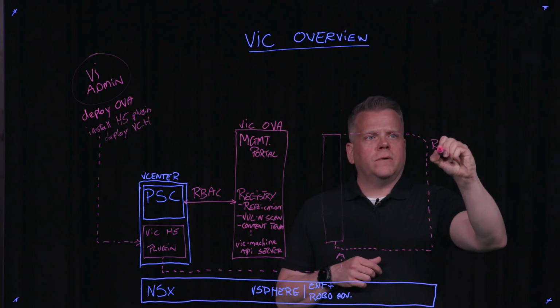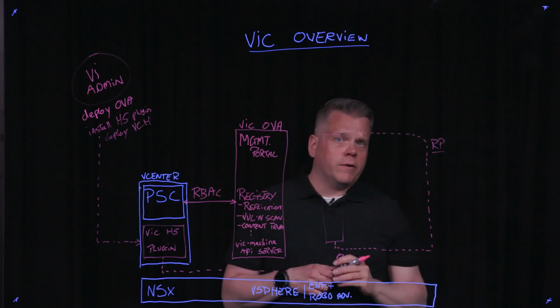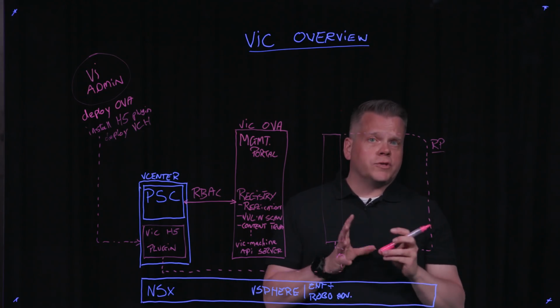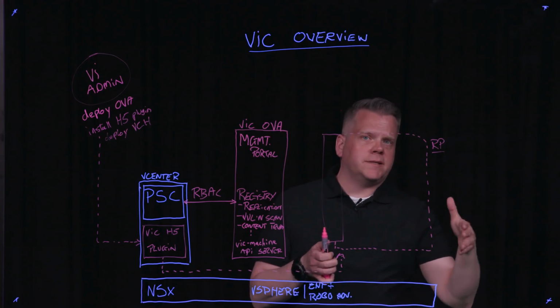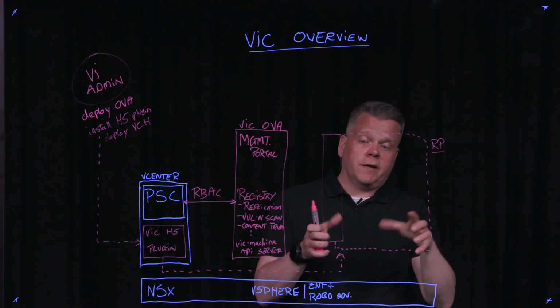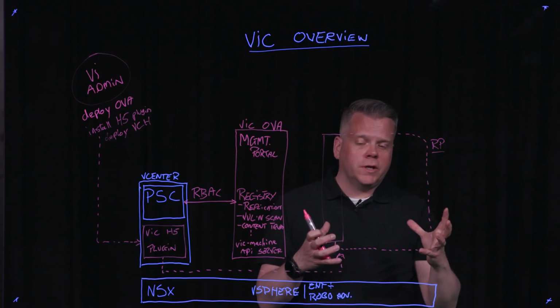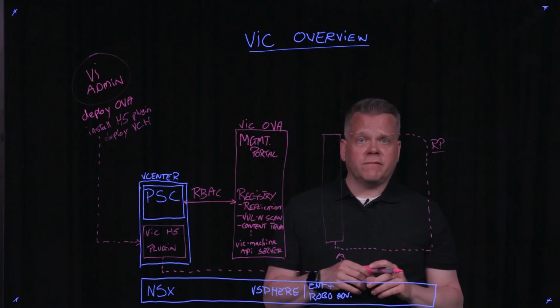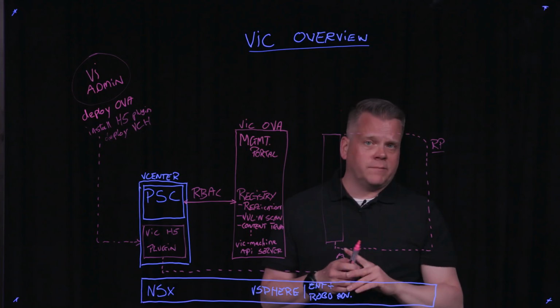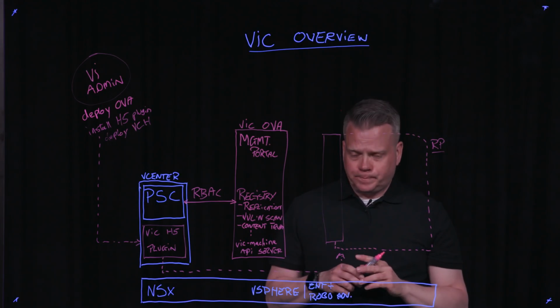And it also provides us with a very flexible resource management construct where we're able to expand this if we need more capacity, or we're able to restrict it if my container host is taking up too many resources and impacting the other workloads that are running in my vSphere environment. So it provides a very flexible mechanism.